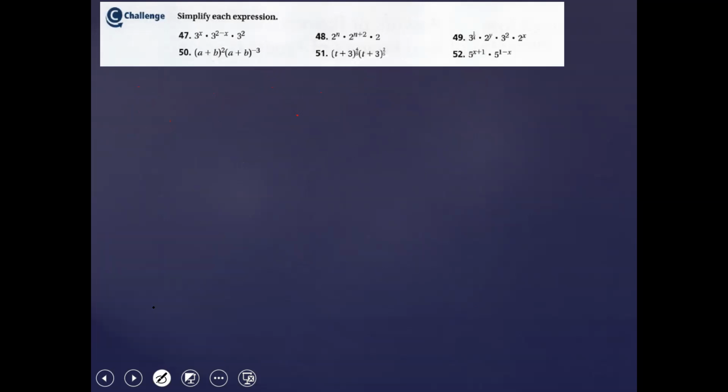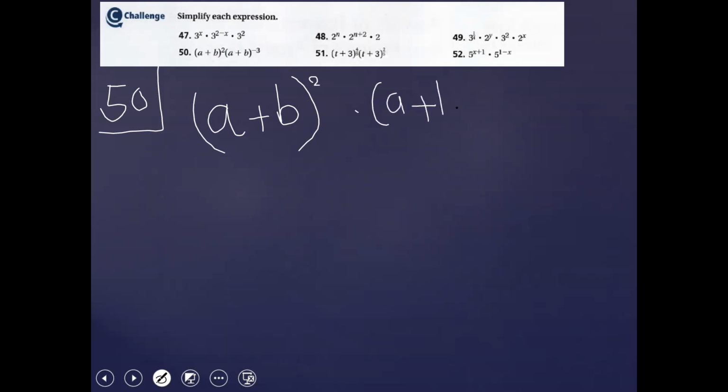Let's now do 48. It has the same idea. Let's do 50. In 50 here, we have a plus b raised to the power 2 times a plus b raised to the power negative 3. Can you tell me where our base is?